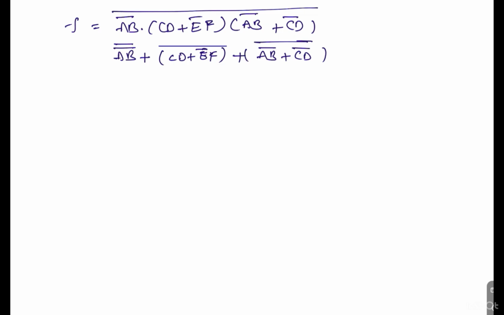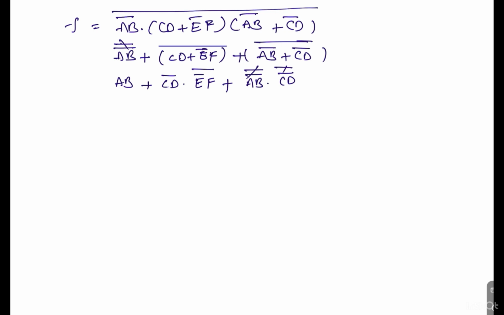Now here again these two bars will get cancelled. So this will be ab. So plus, and again here with De Morgan's theorem, this plus operation will become dot. So cd bar dot (e bar f) whole bar. So this plus will be as it is. Now ab whole bar·cd bar bar, these two bars will get cancelled.